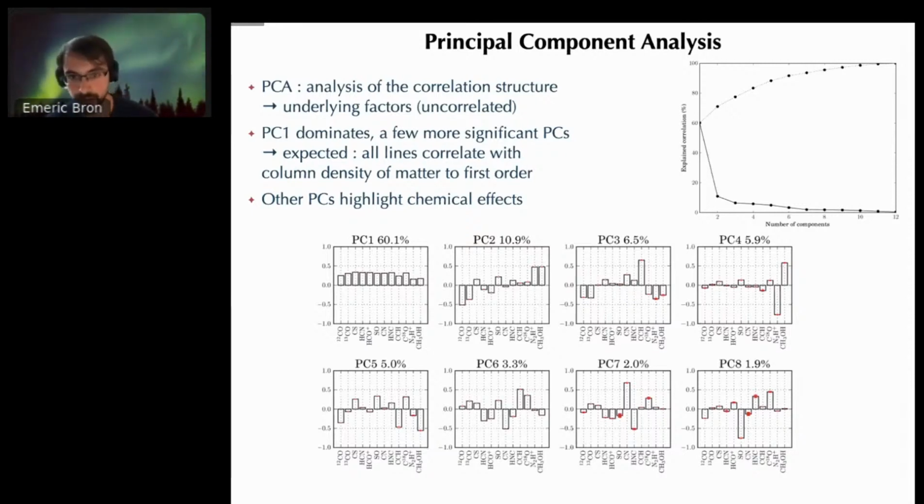And in the third component, we see appearing a contribution of C2H and CN, which are known to be associated with UV illumination. So we can see that we can start to hope that our principal components are related to the physical parameters that we are interested in.